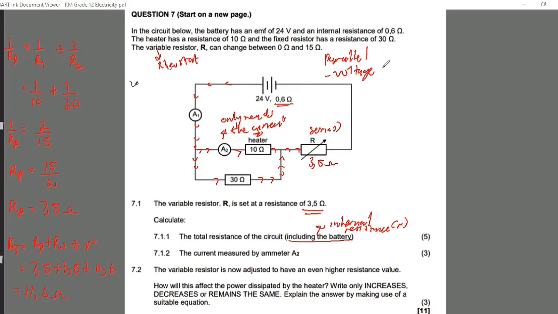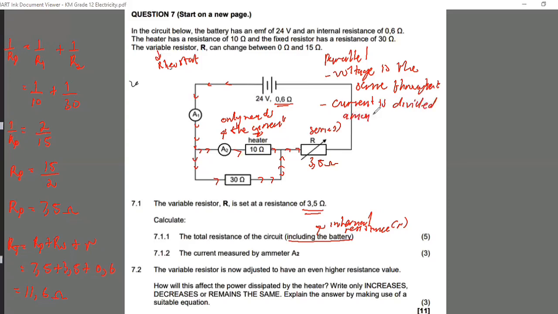And what is divided here? Remember, parallel connection resistors, we know them as current dividers. That is to say, current is divided amongst the resistors.